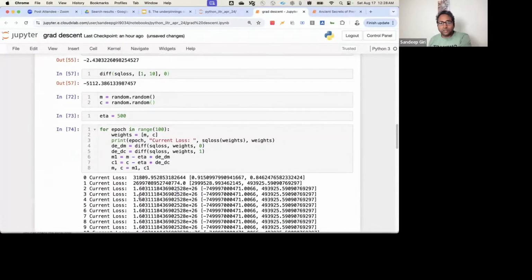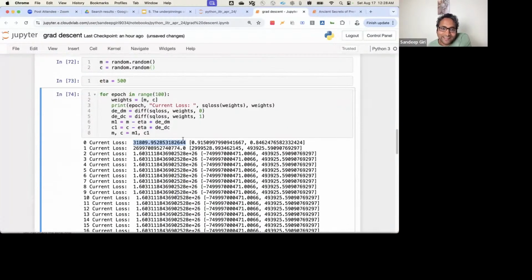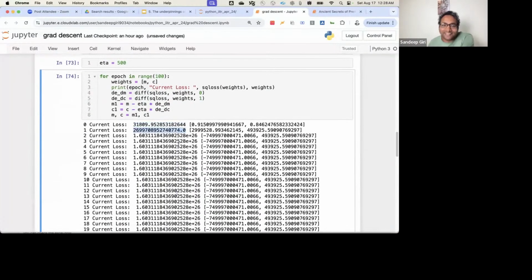Now take a look at this. It's jumping, you see? Suddenly the loss has become really big. What happened was this was my data, and we came up with this line here.